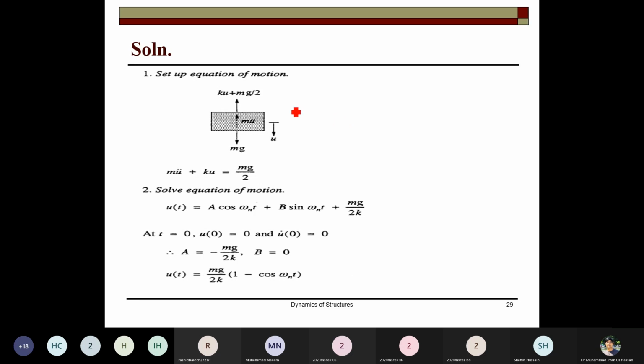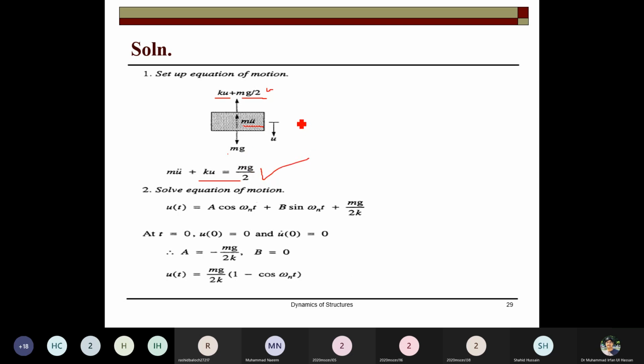So set up the equation of motion. First of all, because there is already force in the spring, mg by 2. In addition, the force developed in the spring will be Ku. The mass will develop a force equal to mu, and the total weight is basically downward mg. So you can write this equation: the spring force and the total force mu is the mass into acceleration, and the spring force, that is Ku, is equal to mg by 2 because already the mg by 2 is present.